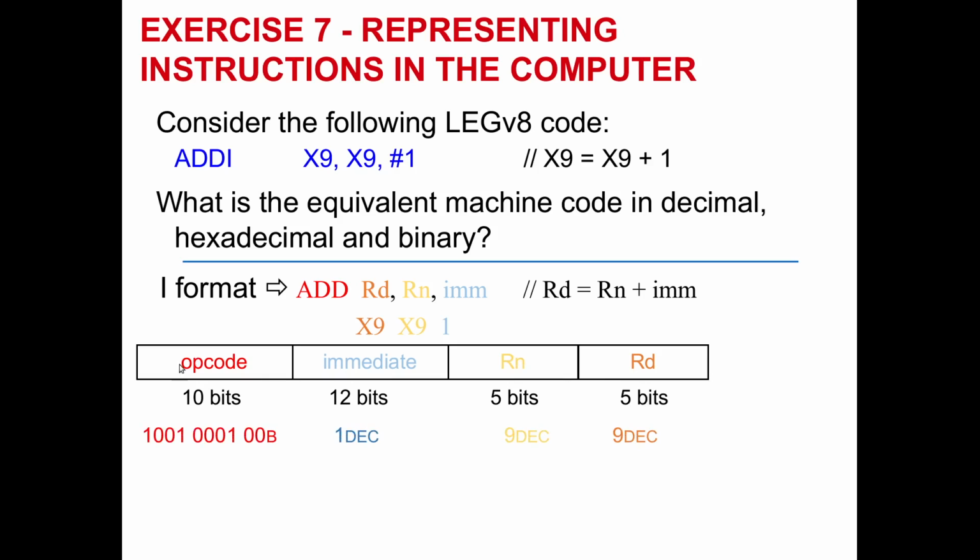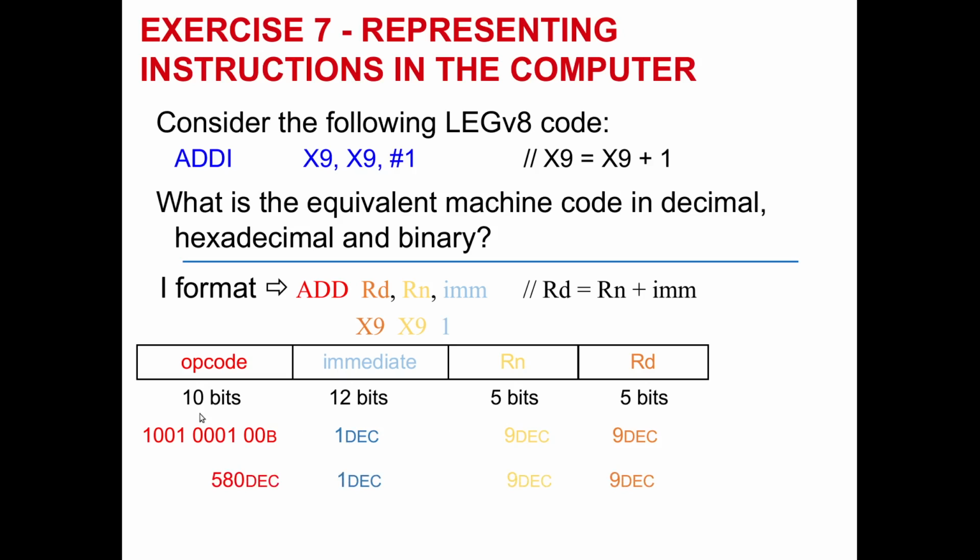So we look into the opcode tables and find the ADDI value. We will have this value, and the immediate, of course, is 1 here. Rn and Rd are both X9, so we have 9 and 9 here, and we have the code in a mix between binary, hex, and decimal.